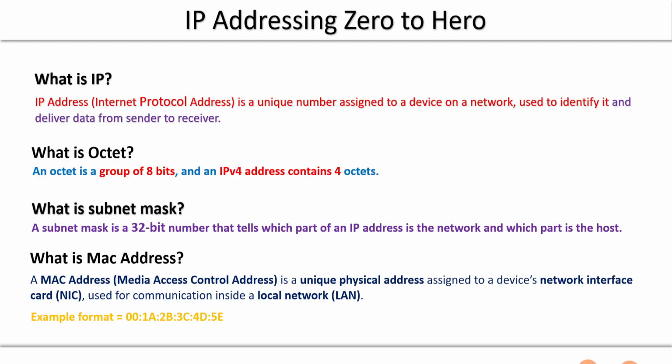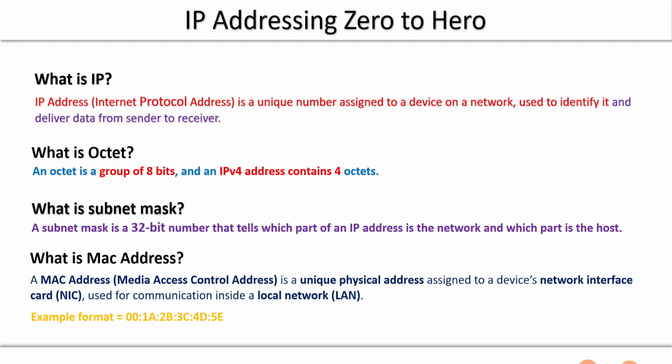So what exactly is the IP address? IP is Internet Protocol address, a unique number assigned to a device or network, used to identify it and deliver data from sender to receiver, as I already told you.